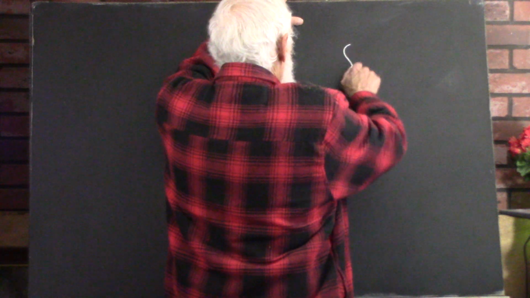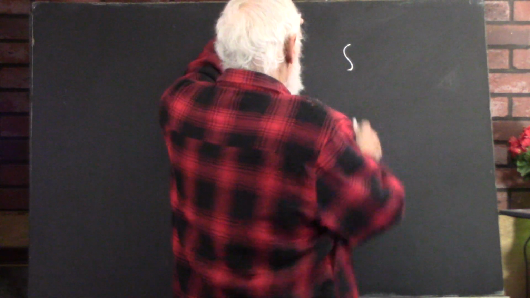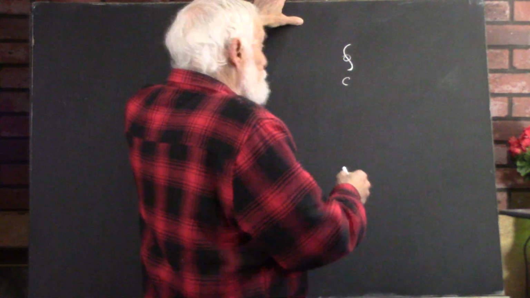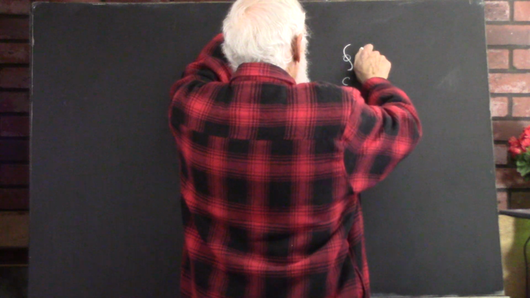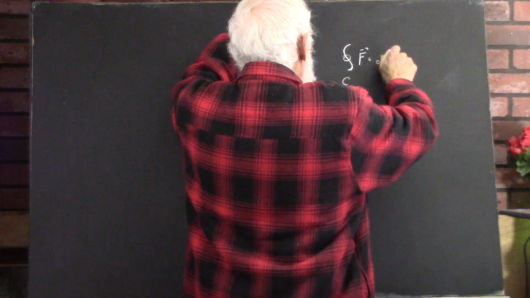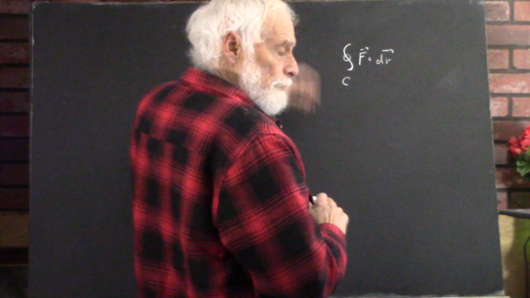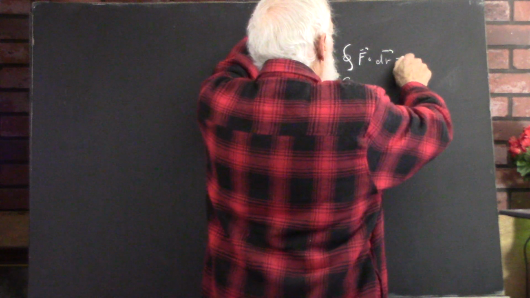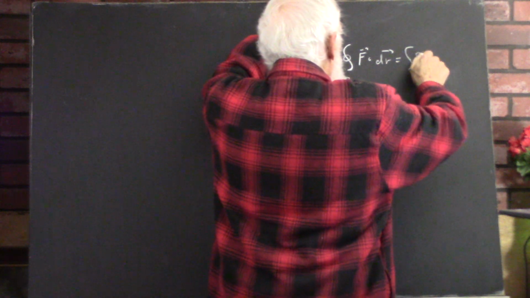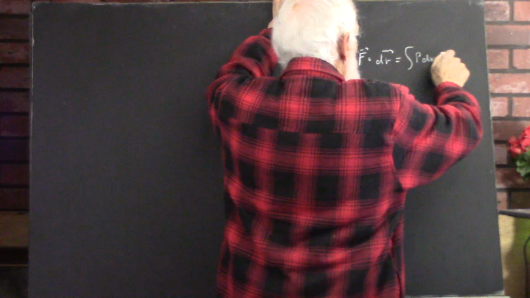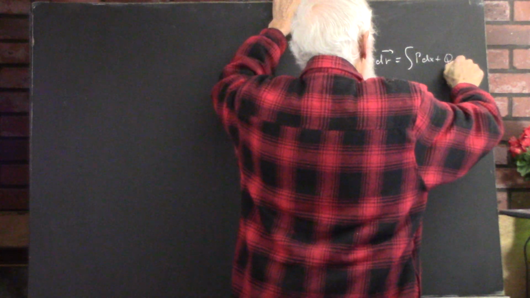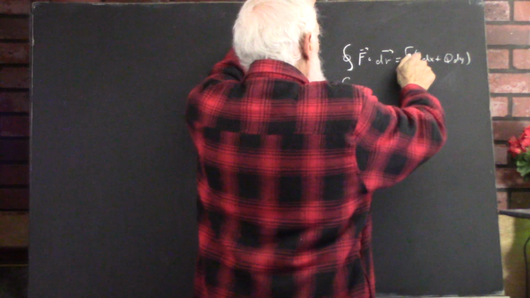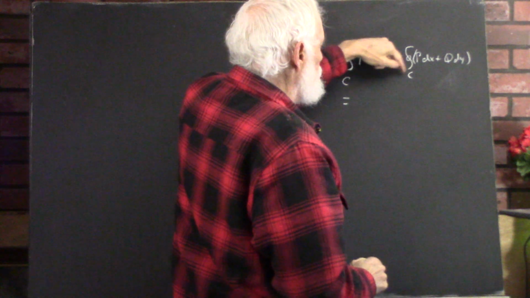So we have Green's theorem, which says that the integral over any closed curve of a sufficiently well-behaved function F dot dr, and they do use the dr notation, equals the integral of P dx plus Q dy, and that equals, now this is equal by definition.